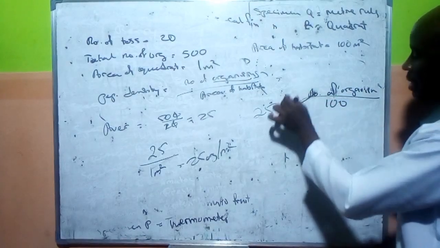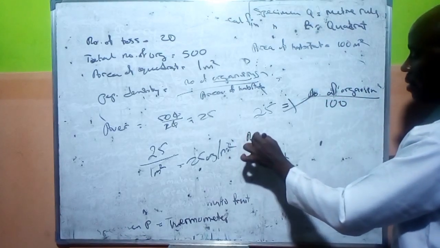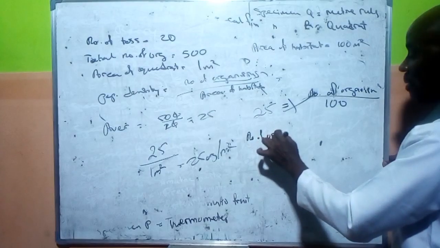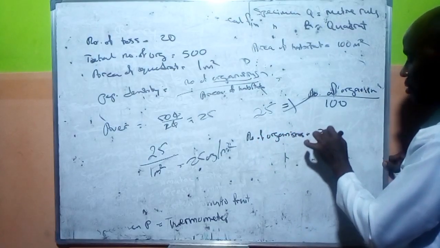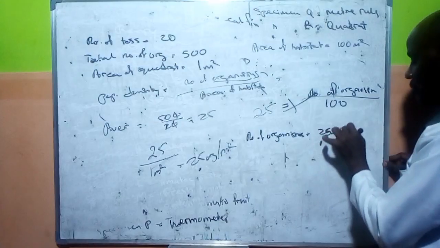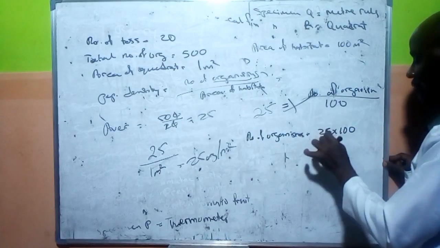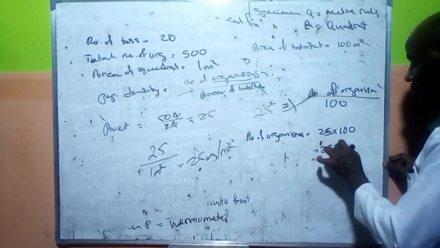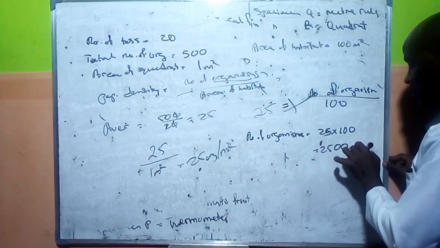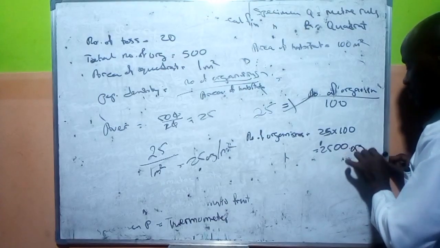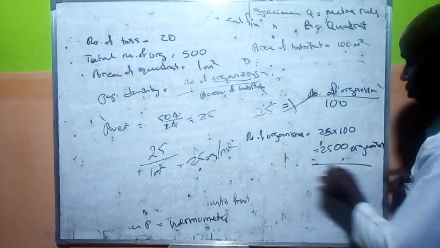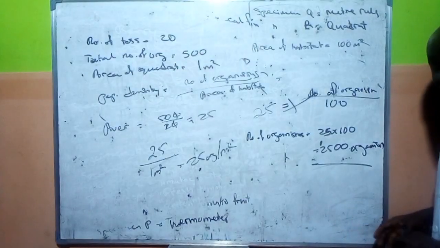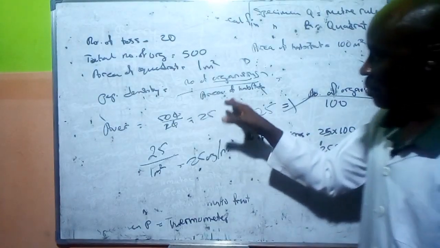When we cross multiply, our estimated number of organisms will be equal to 25 times 100, which gives us about 2,500 organisms. That's how we use this. So we are able to have an estimate of the population of the organisms by what we have done so far.